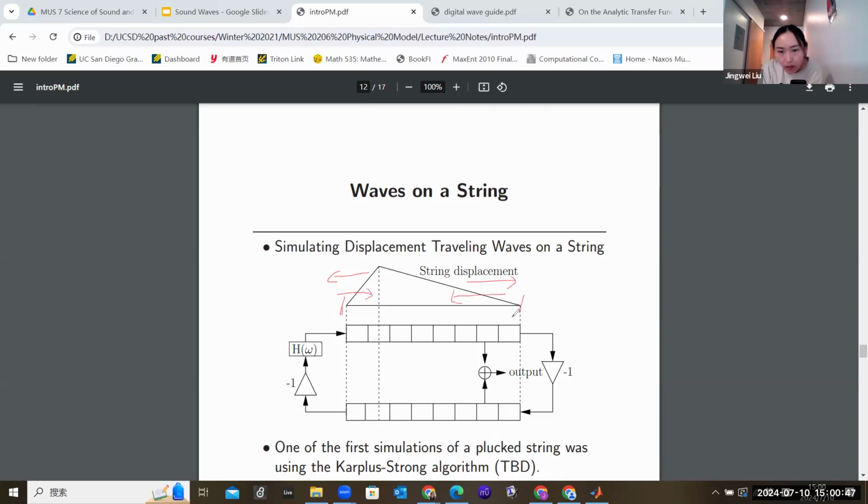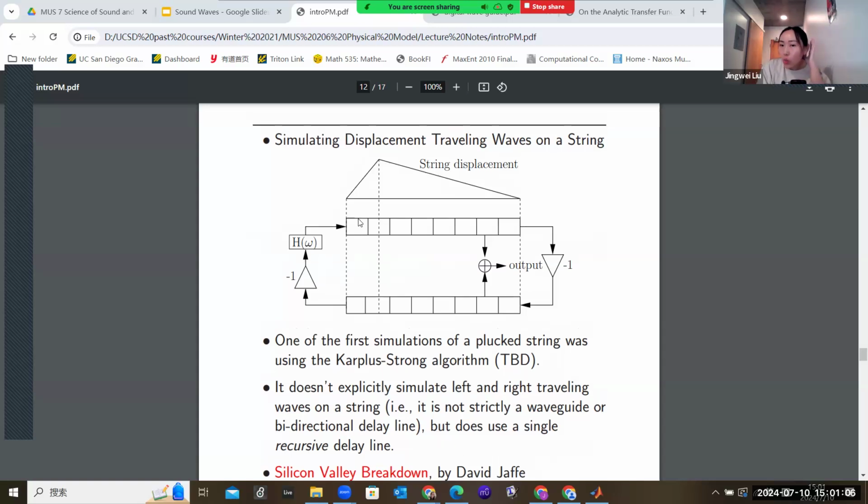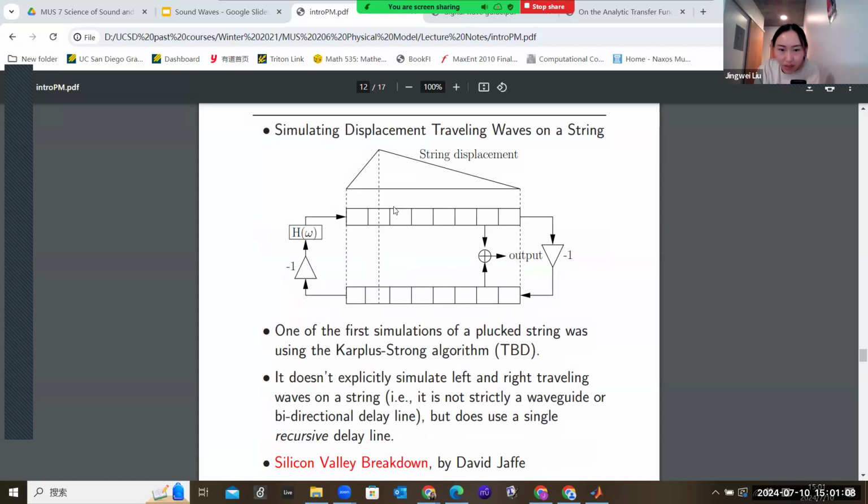And when it hits again, it will again be reflected like this, etc. But how to simulate this process using computer? Actually, we will use this thing called digital waveguide. Digital waveguide gives you two delay lines of the same length of the string.